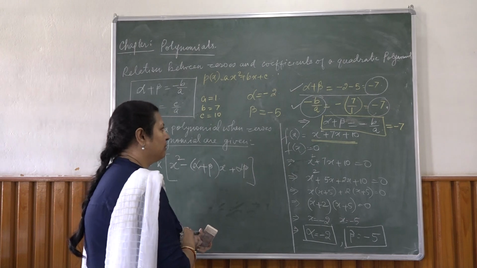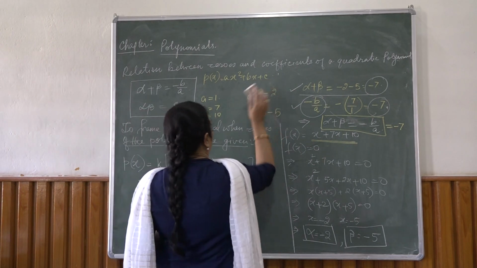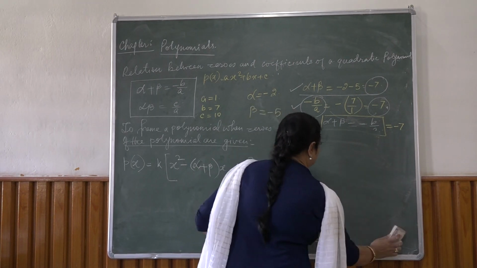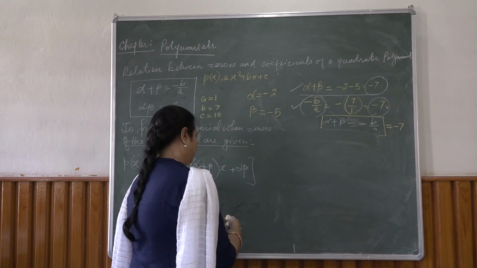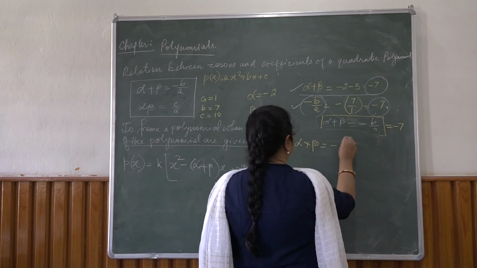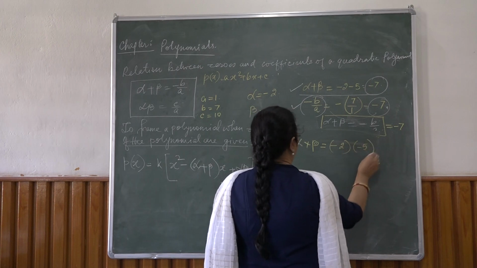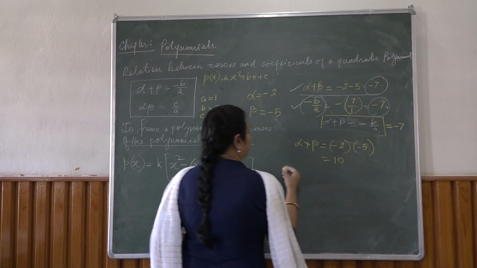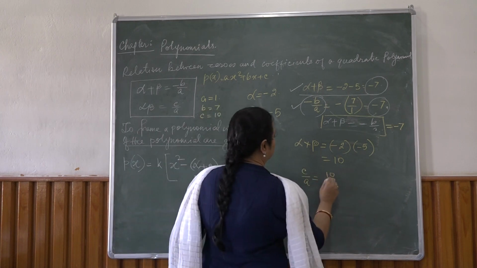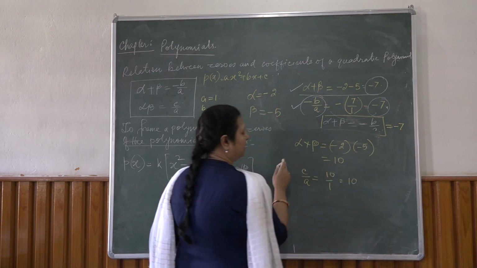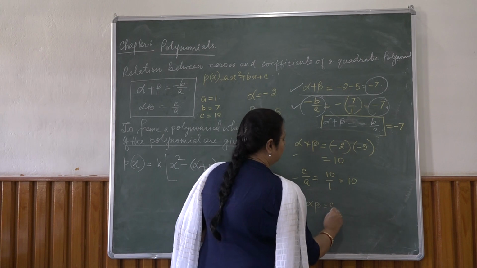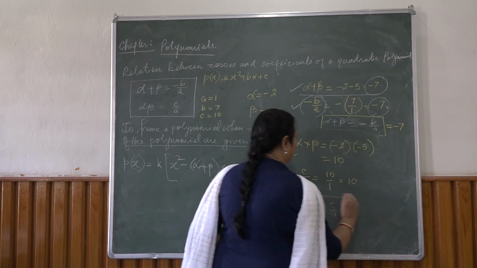And now let us do the second part of it, which is alpha into beta. Alpha into beta is equal to minus 2 into minus 5, which is equal to 10, and c by a is equal to 10 by 1, which is equal to 10. So these two verify that alpha into beta is equal to c by a is equal to 10.